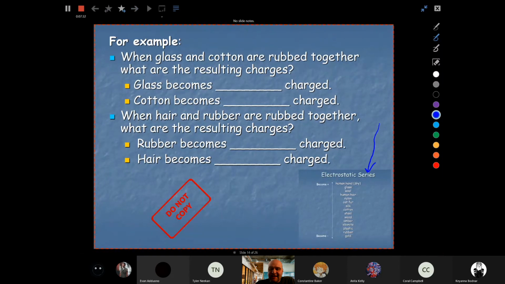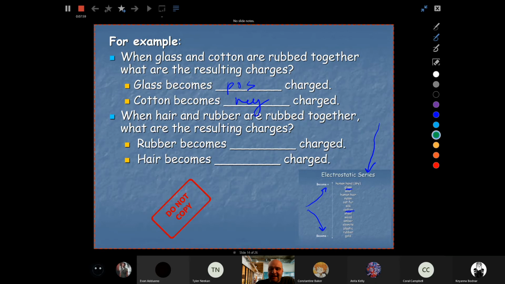Hopefully this is big enough. Again, we don't need to copy this, but I'll write the answers in. When glass and cotton are rubbed together, first find where glass is. There's glass. Secondly, there's cotton. It also says on the side here that the higher becomes positive, the lower becomes negative. The glass is higher up, so it becomes positive, and the cotton is lower, so it becomes negative.